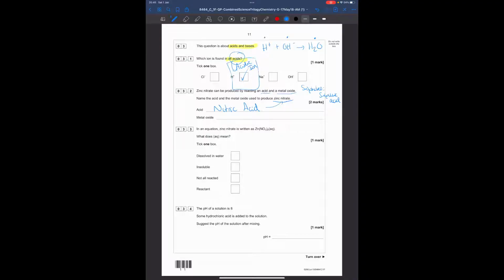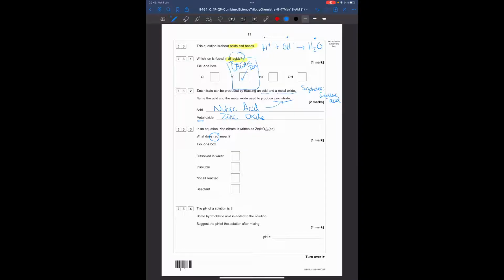Now, the metal oxide that we would have to use, you just substitute the name of the metal that you're using. So we could use zinc oxide plus nitric acid makes zinc nitrate. In the equation, zinc nitrate is written as this. What does AQ mean? AQ is one of the state symbols.